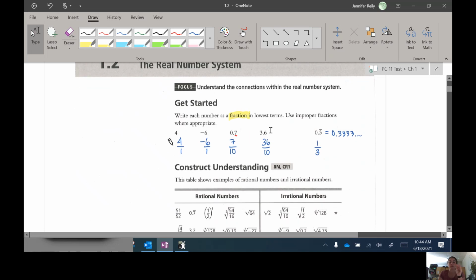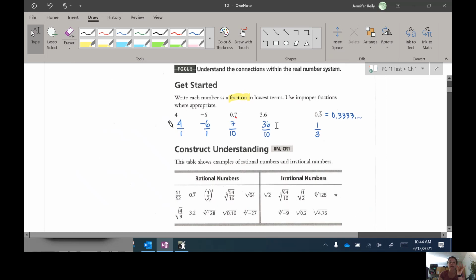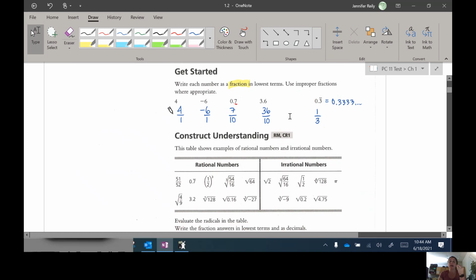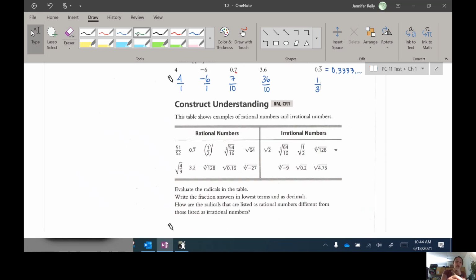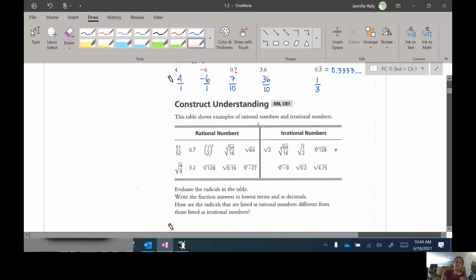Okay, so fractions, remember I said, are key for this lesson. If a number can be written as a fraction, it's actually a special type of number. Not all numbers can be written as fractions. If a number can be written as a fraction, we call it a rational number. I'm going to use pink for rational numbers today. So all the numbers in this pink box are rational numbers, and they can all be written as fractions.